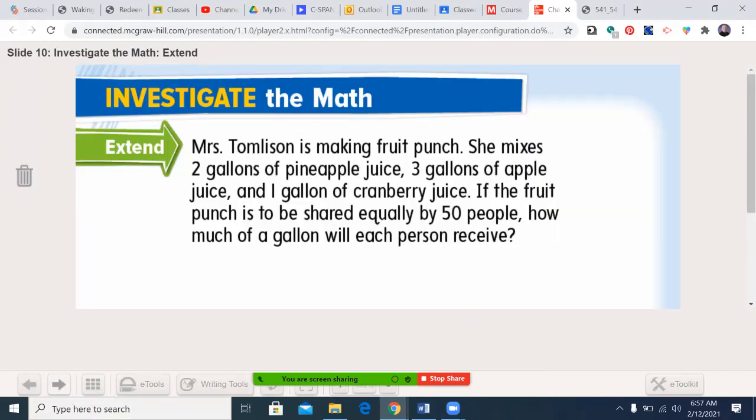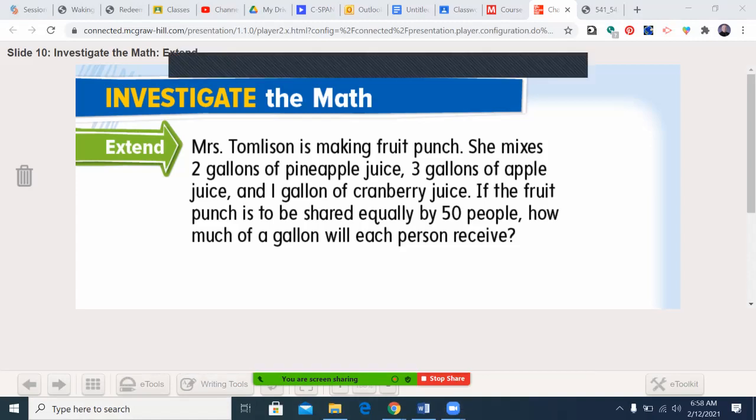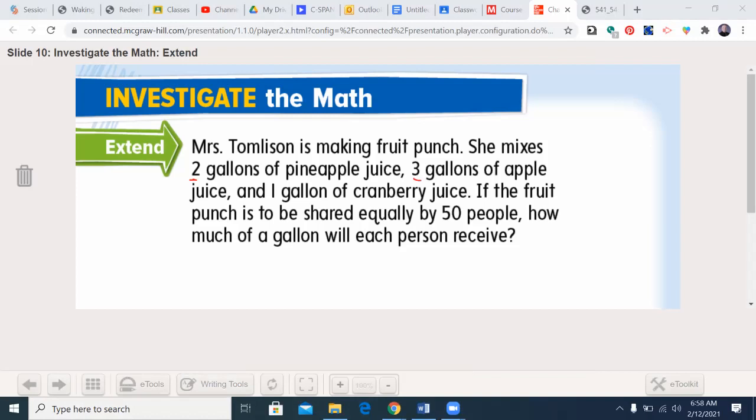All right, Miss Tomlinson is making fruit punch. She mixes 2 gallons of pineapple juice, 3 gallons of apple juice, 1 gallon of cranberry juice. If the fruit punch is to be shared equally by 50 people, how much of a gallon will each person receive? So we're going to figure out how many gallons. There's 2 plus 3 is 5 plus 1 is 6.